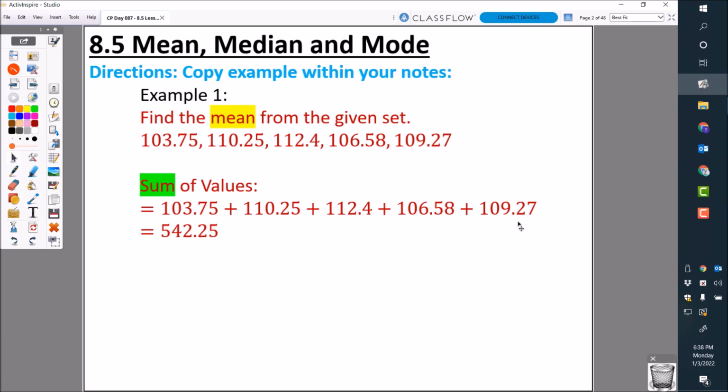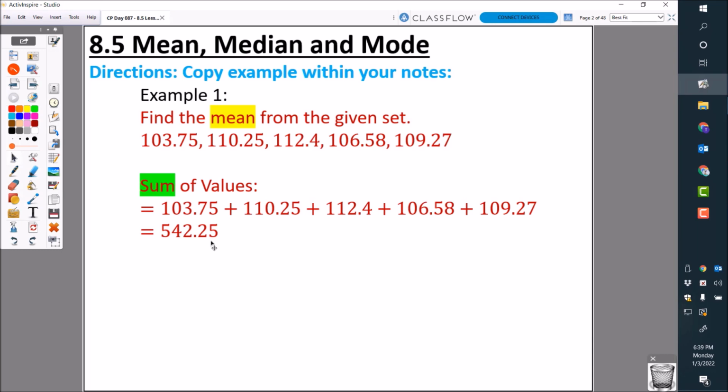You want to do it carefully when you're adding with decimal numbers. More specifically, make sure that you press the right numbers and the decimal in the right places. That way you make sure you get the correct total when you're adding. So once we add, we'll have 542.25.